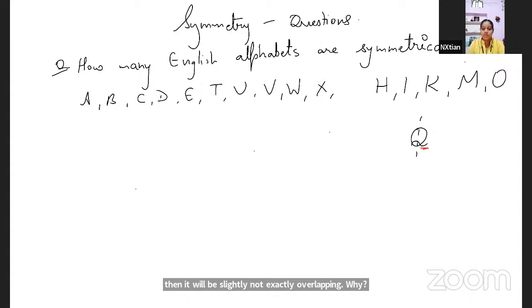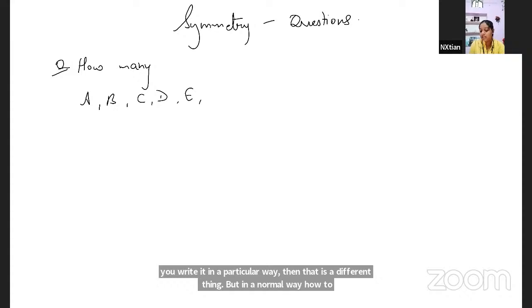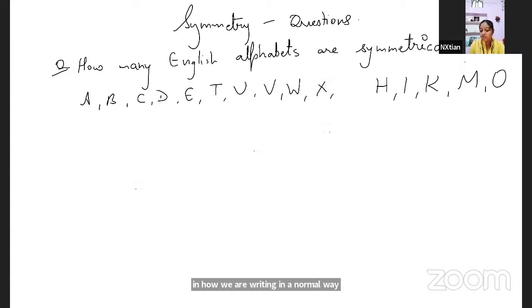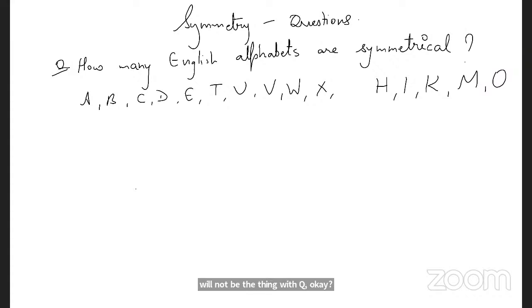Ma'am, if I write Q like this, then we get a diagonal line of symmetry. If you write it in a particular way, then that is a different thing. But in the normal way we write it, it will not be symmetrical with Q. But the above ones are all exactly symmetrical.